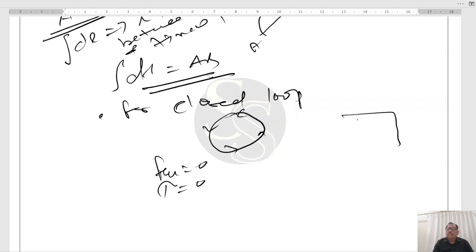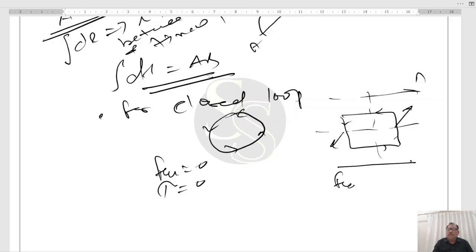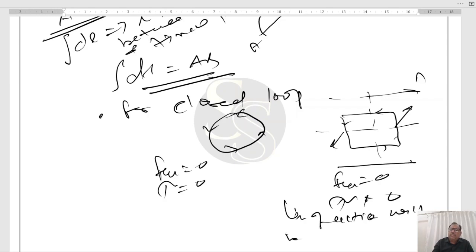But if we take a square, suppose this is the magnetic field and this is the direction of flow, in this case Fm will be 0 but the torque will not be equal to 0. The forces are equal and opposite, but the line of action will be different. Therefore, they will constitute a torque also.